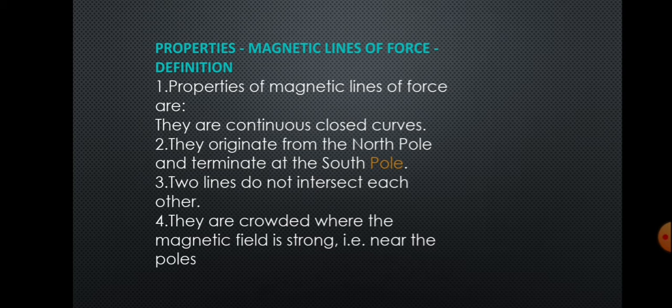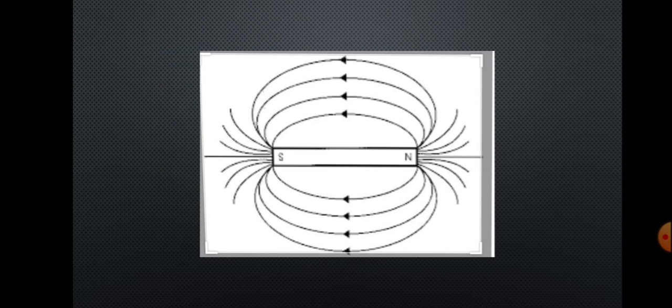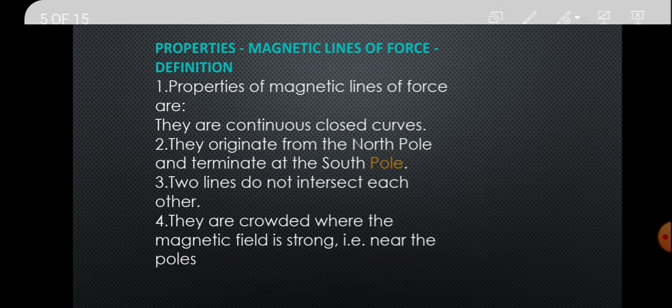And the properties of magnetic field lines: these are continuous closed curves that originate from the north pole and terminate at the south pole, as you can see in the diagram.